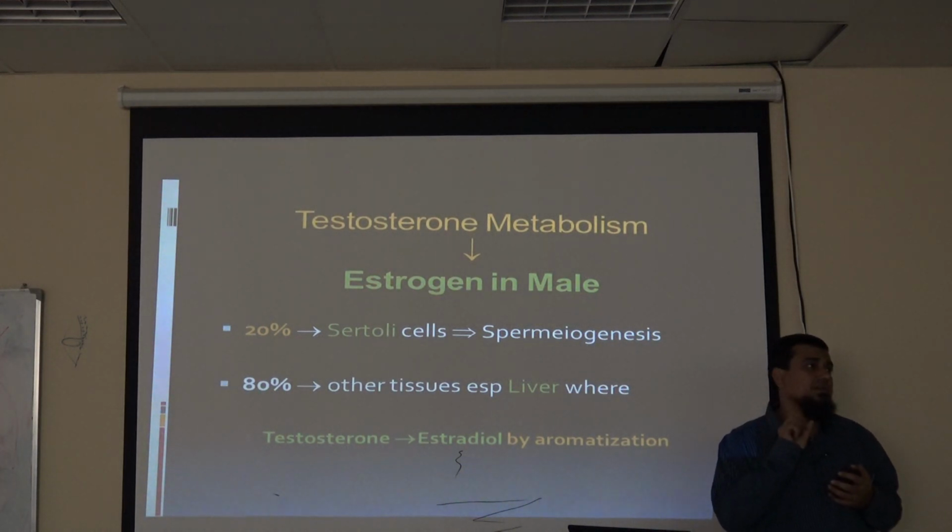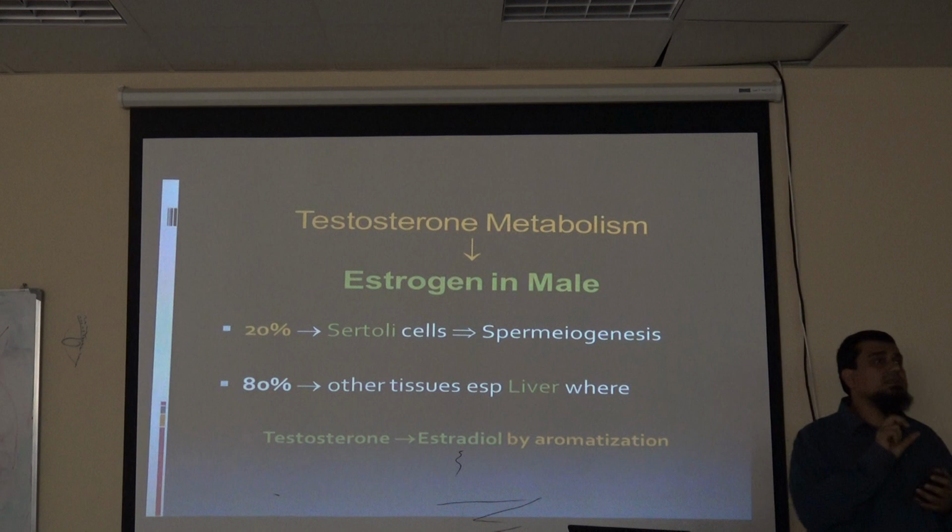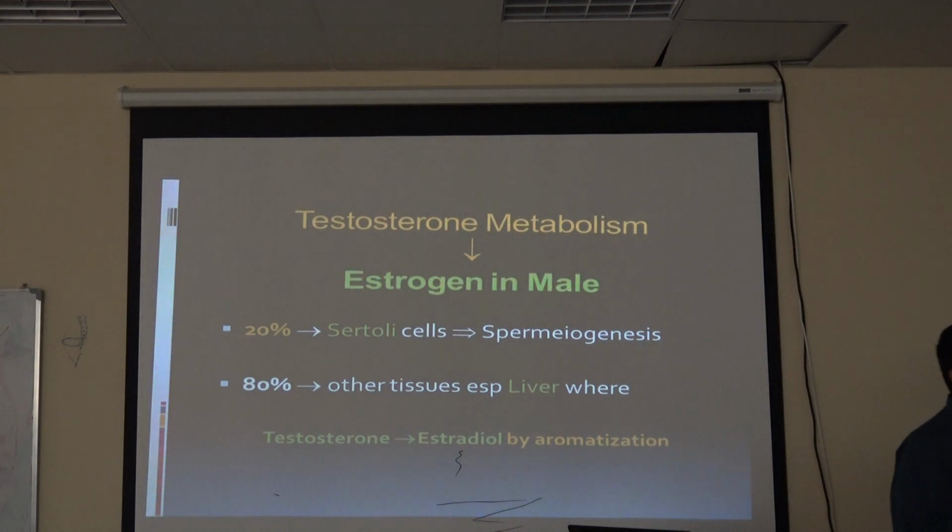And one more thing in metabolism of testosterone, that testosterone can convert into estradiol. I hope you have seen this conversion during the synthesis of estrogen. So one very important aspect of testosterone is that it converts into estradiol. And what is the enzyme that catalyzes? Aromatase.